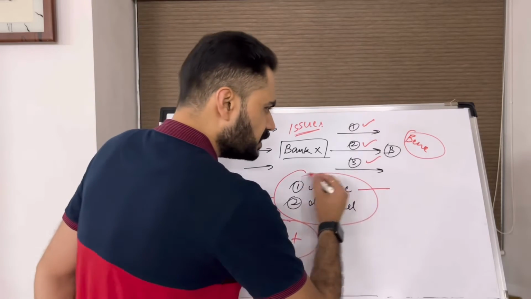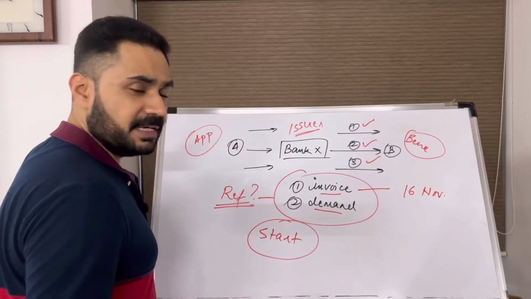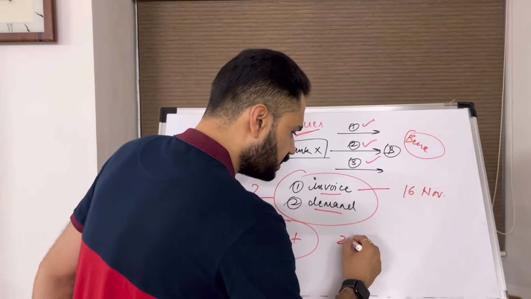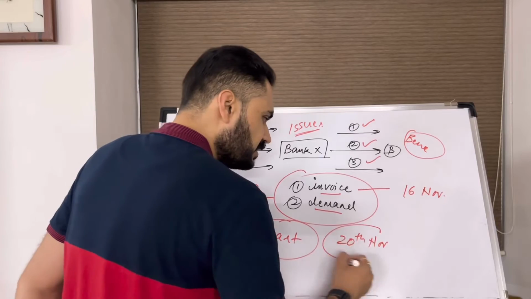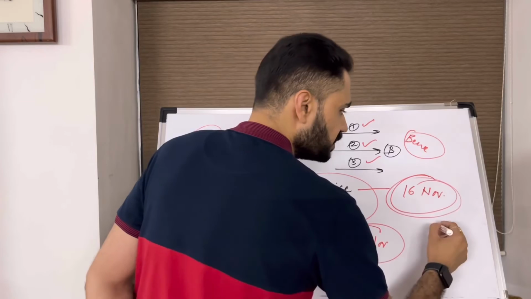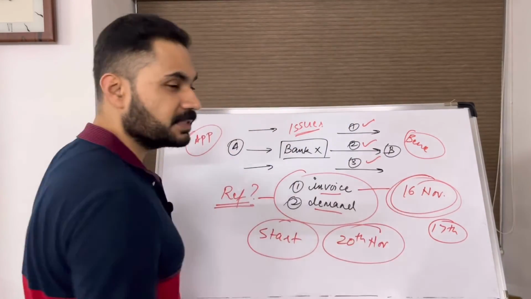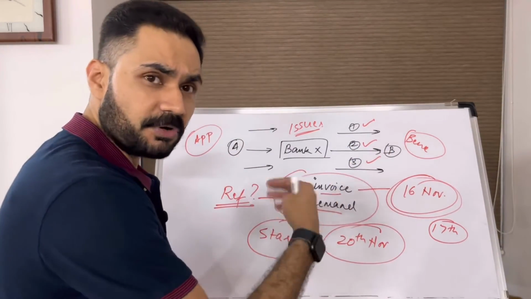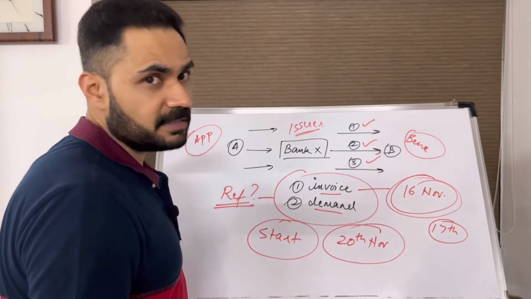So for example, if this presentation was done on 16th of November and the issuer finds the actual reference on 20th of November, then day 1 will be shifted accordingly. Day 1 will not start from 17th, which would have been the case ideally if the demand is presented on 16th, but now when the issuer finds the actual reference, accordingly day 1 will start for checking the documents.